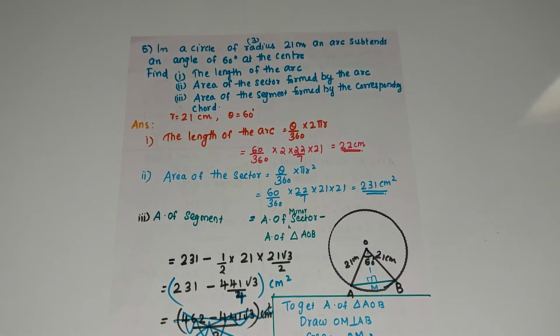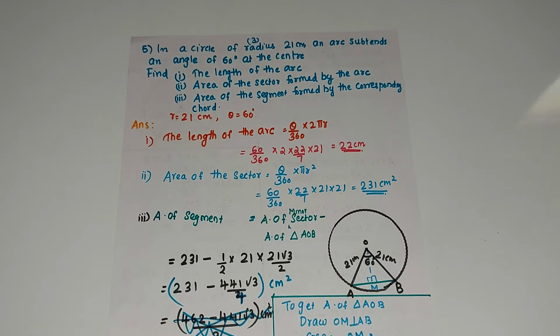We know the formula: the length of the arc equals theta by 360 into 2 pi r. The area of the sector is theta by 360 into pi r square, and the arc length is theta by 360 into 2 pi r.